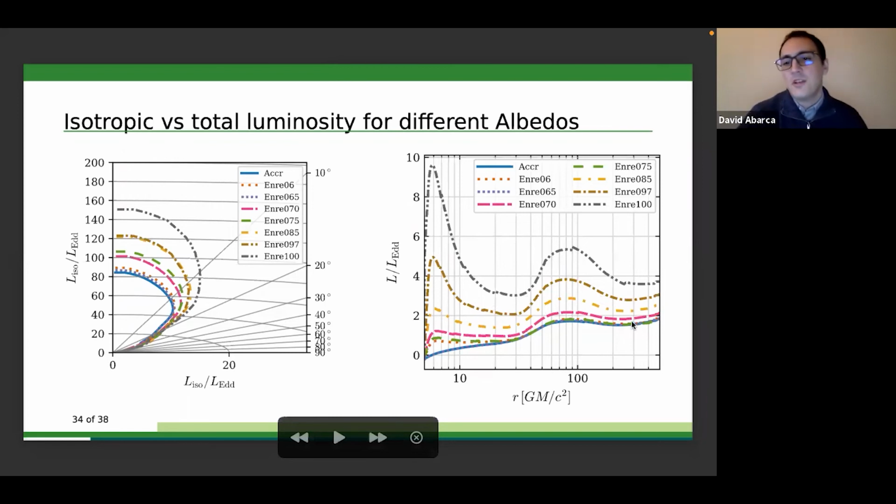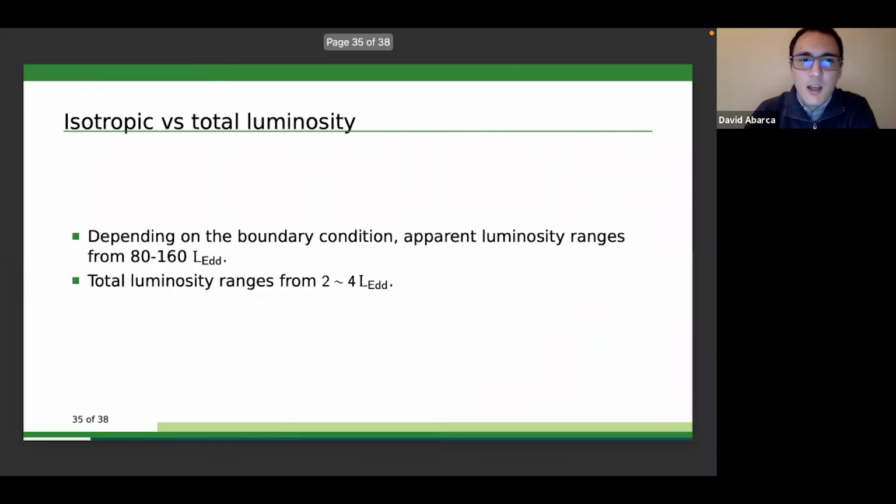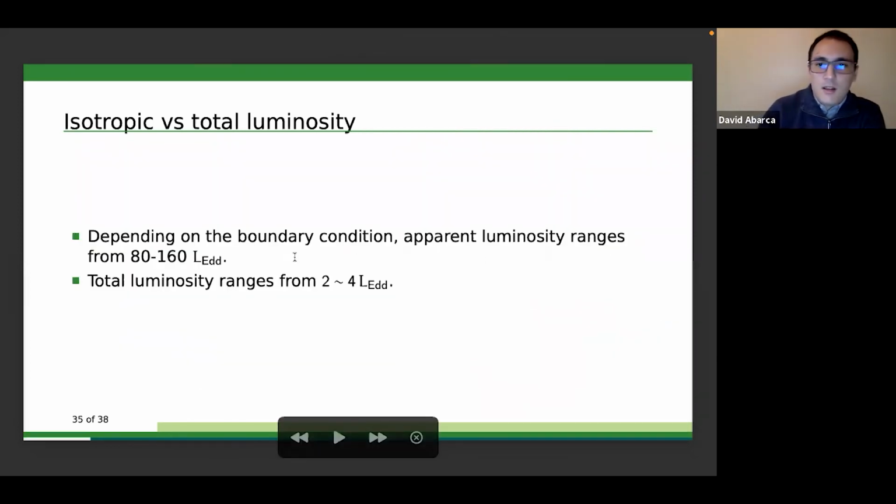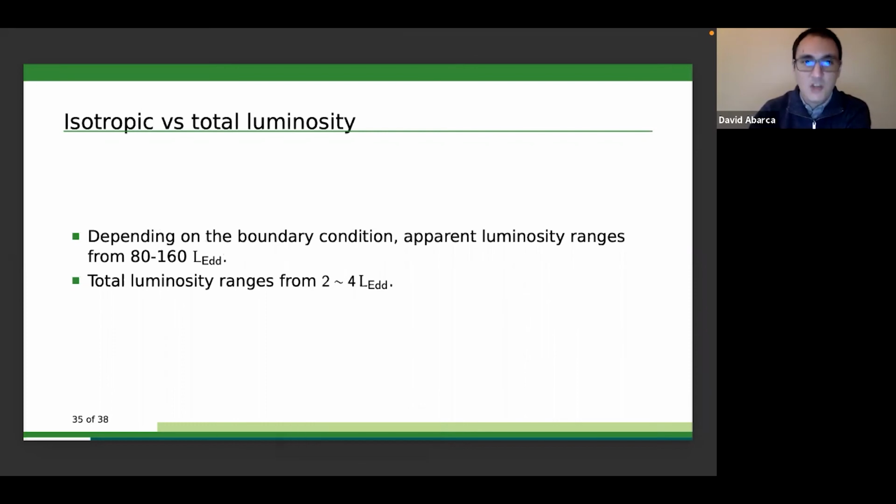But in general, the trend is that they increase, and the lower ones are roughly flat. So like I said, for this 75 you can get luminosities between 80 and 160 times the Eddington, which is totally in the ULX range. Okay.